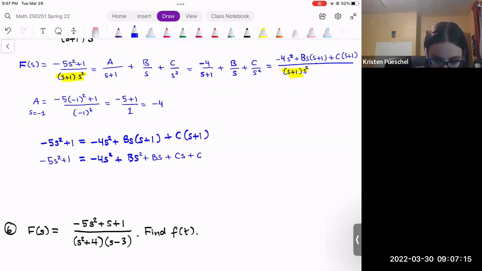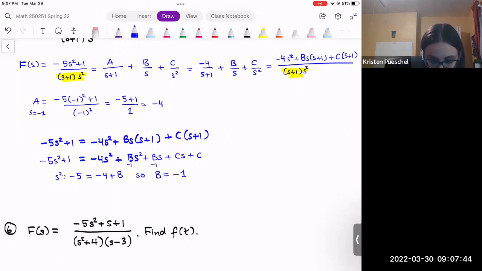If we look at our s squared terms, on the left-hand side, we have negative 5 of them, and on the right-hand side, we see negative 4 plus b. Okay. Adding 4 to both sides, we get that b is equal to negative 1. All right, so this is going to be negative 1, negative 1.